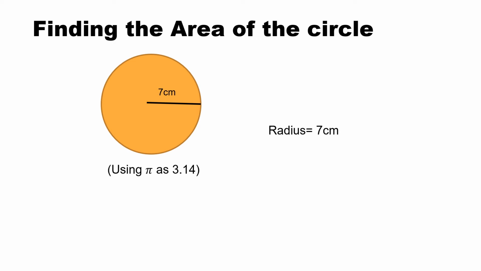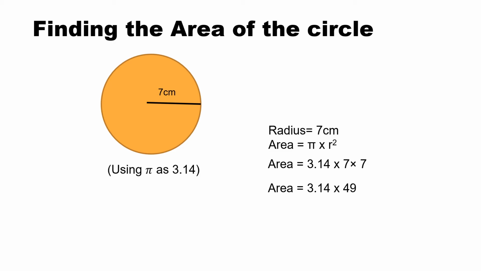We already know that the radius of this circle is 7 centimeters. We also know that to find the area of a circle, we use pi r squared. So in substituting our values for pi and radius, we have 3.14 multiplied by 7 multiplied by 7, which gives us 3.14 multiplied by 49.